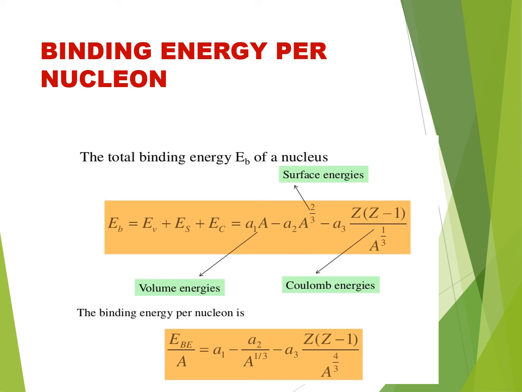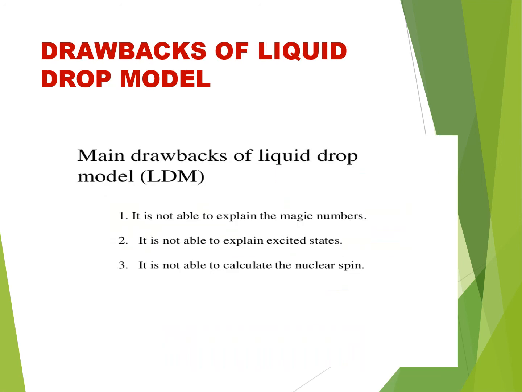So volume energy is a1 A, surface energy is a2 A^(2/3), and Coulomb energy is a3 Z(Z minus 1)/A^(1/3). Finally, the binding energy per nucleon is E/A equal to a1 minus a2/A^(1/3) minus a3 Z(Z minus 1)/A^(4/3).